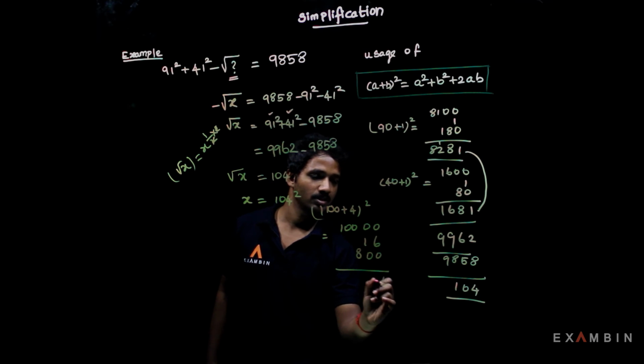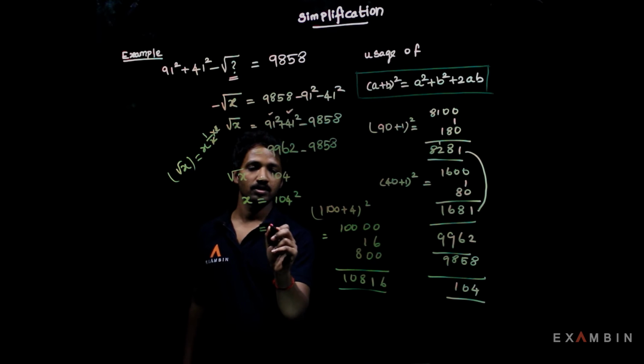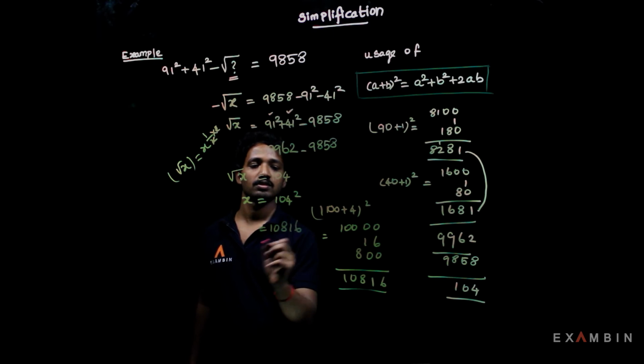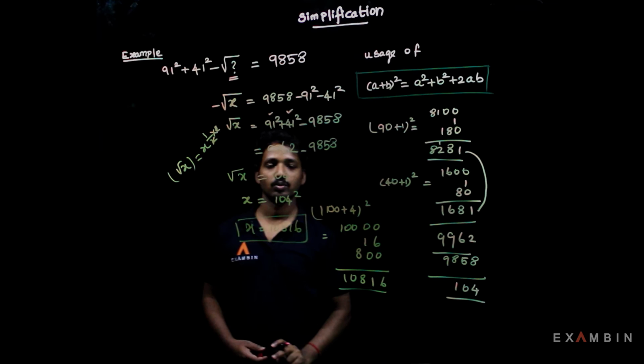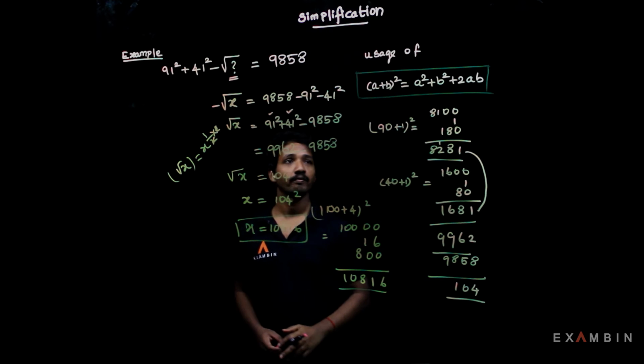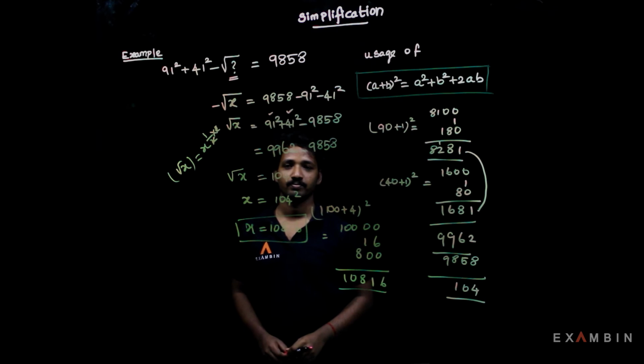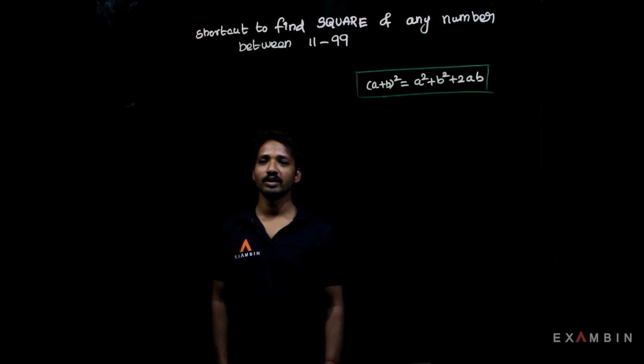So the value would be 10,816. So x is equal to 10,816. If you calculate this value without using any of these formulas, it will be a cumbersome process.